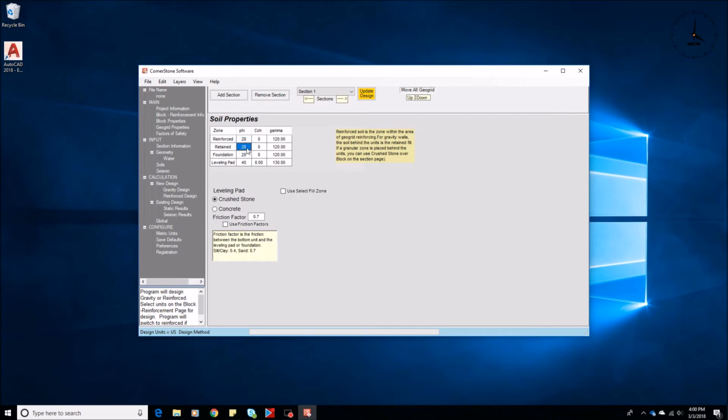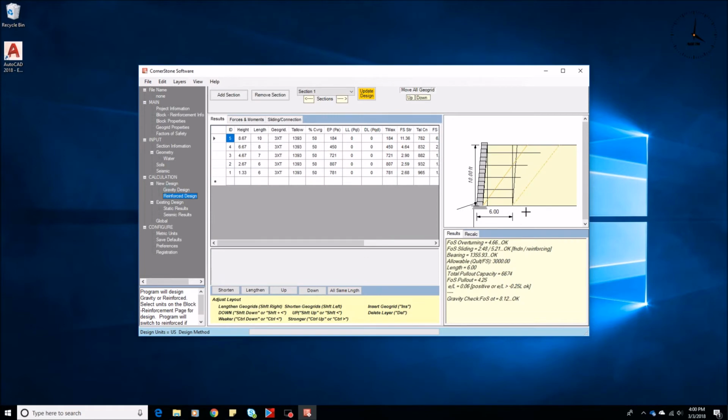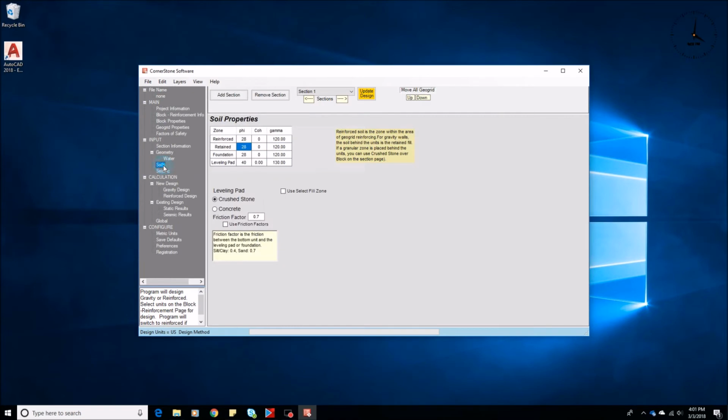But with a 28-degree soil, if we go reinforced design, 6 foot, our factor of safety of overturning is 4, but for sliding is 2.48.